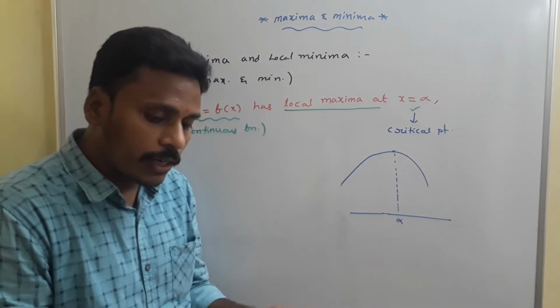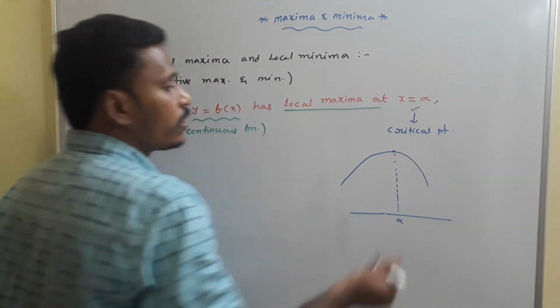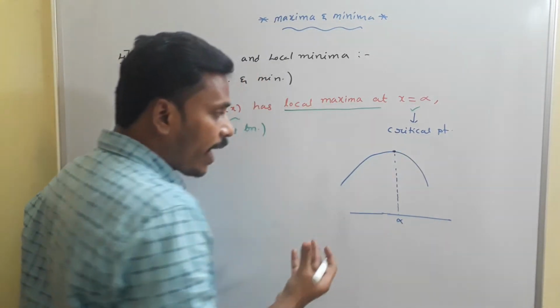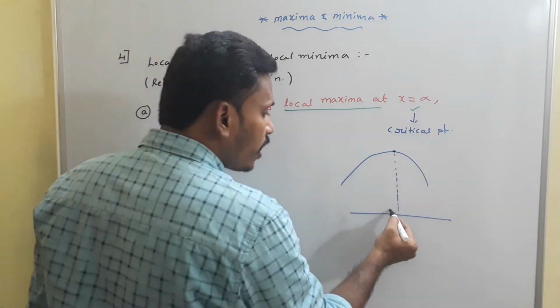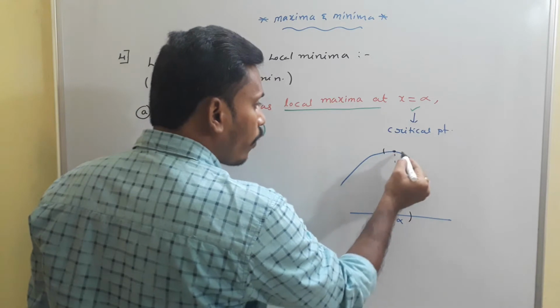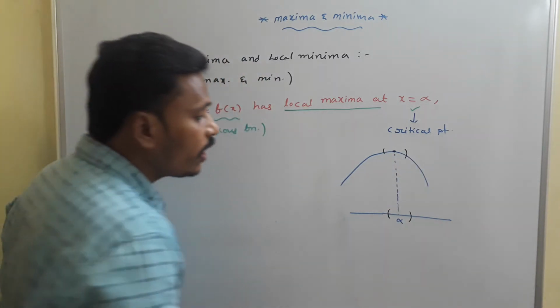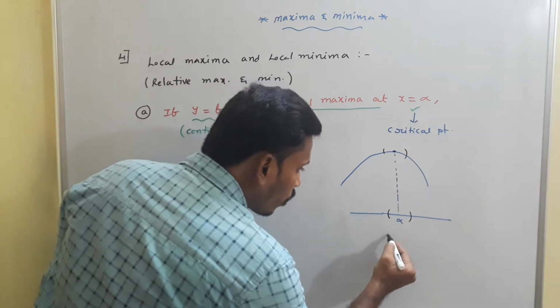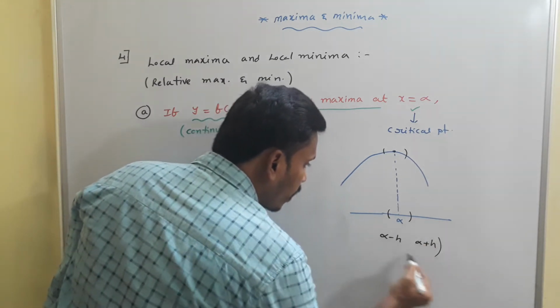Since it has a local maxima at x is equal to alpha, what does it mean? This is the extreme maximum point of the graph if you change x in the neighborhood of alpha. In the neighborhood of alpha means you need to consider a small interval alpha minus h to alpha plus h.